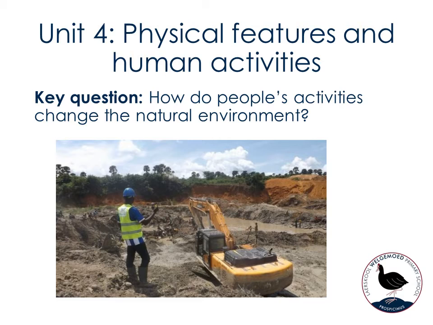The key question: how do people's activities change the natural environment? Now before going to the next slide, I want you to think a bit about how the activities that we do on a daily basis have an impact on the natural environment.